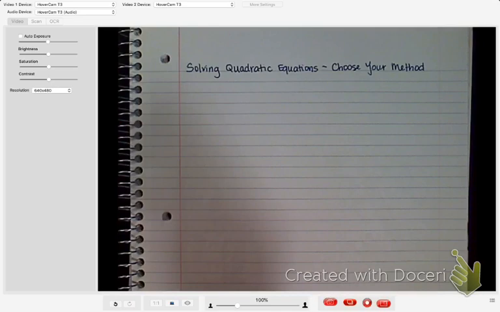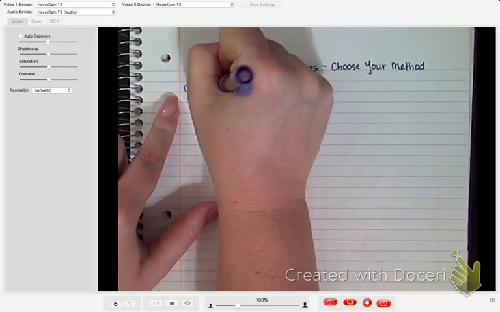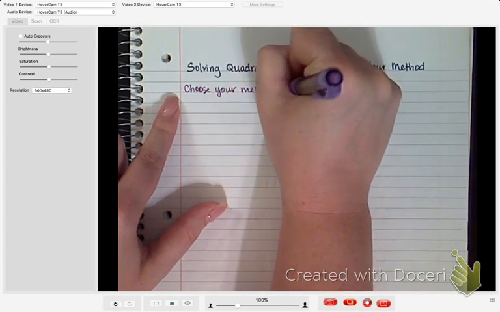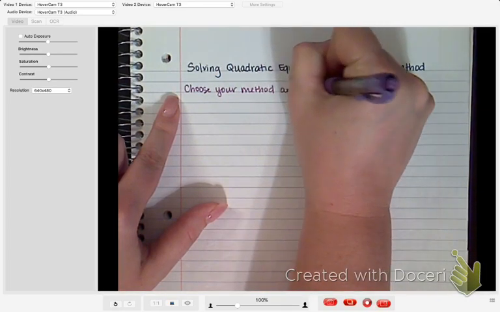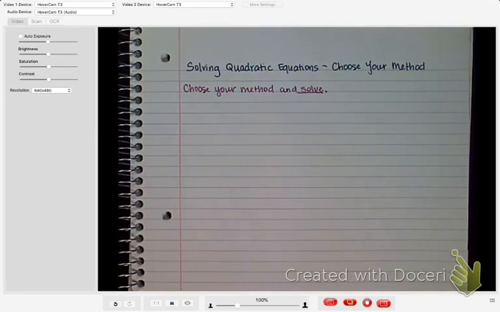Okay, so not only are we going to choose our method, but we are going to solve. This week it's going to be important that you can identify why you're choosing a method and have an explanation for it.